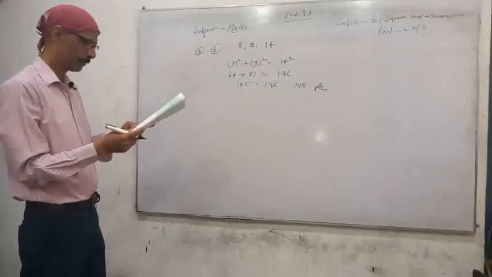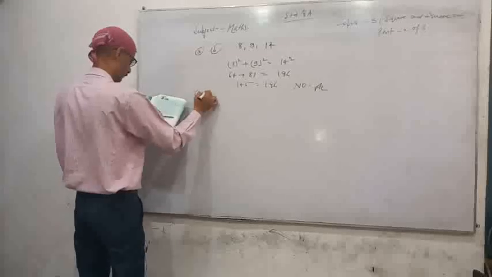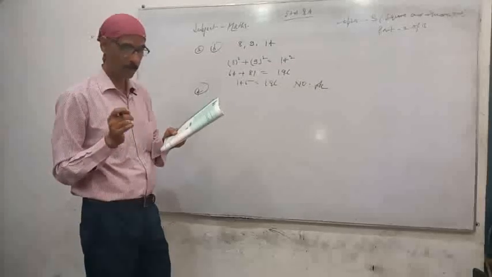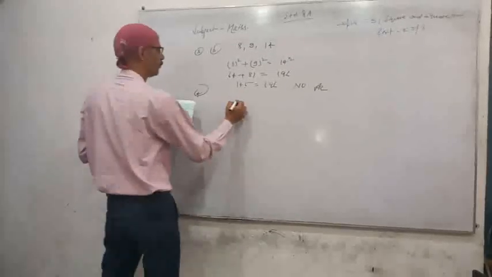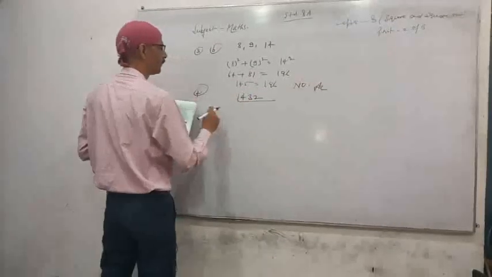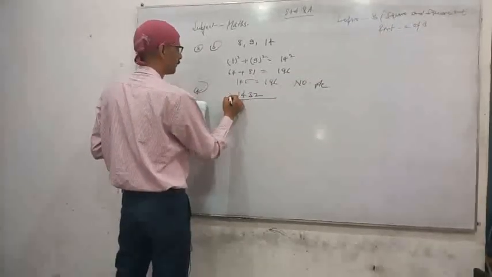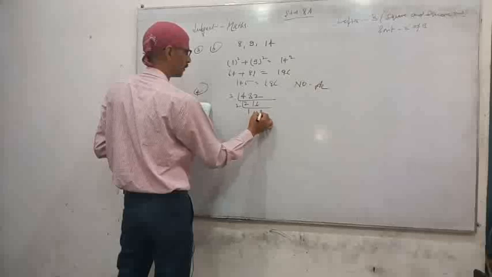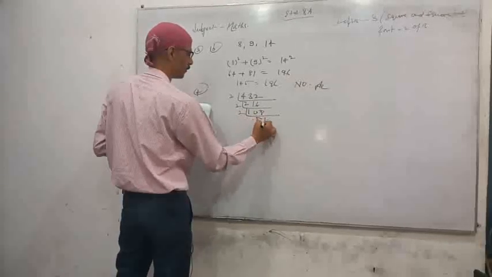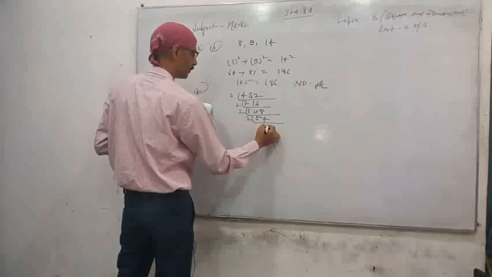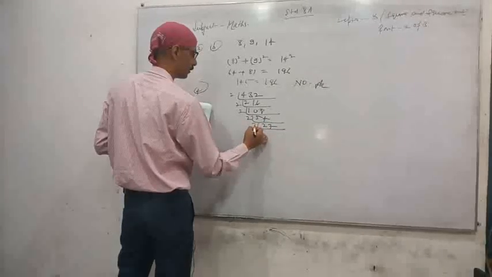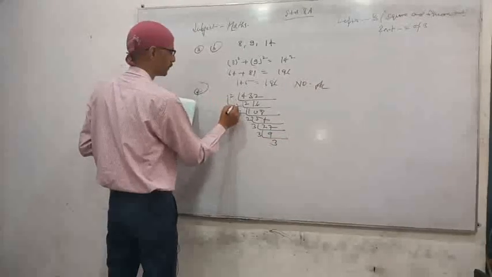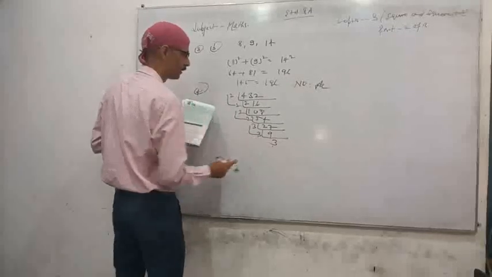Now I am solving question number 4. What is the smallest number by which 432 must be multiplied in order to get a perfect square? Prime factorization of 432 is done, so pair, and 3 is unpaired.